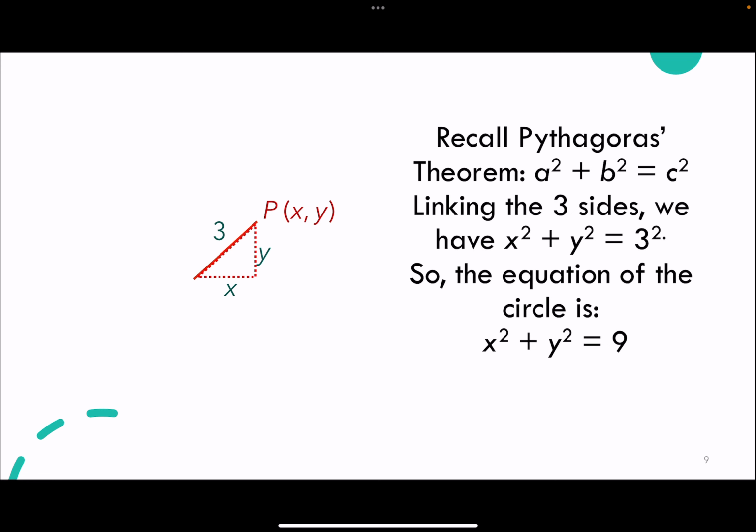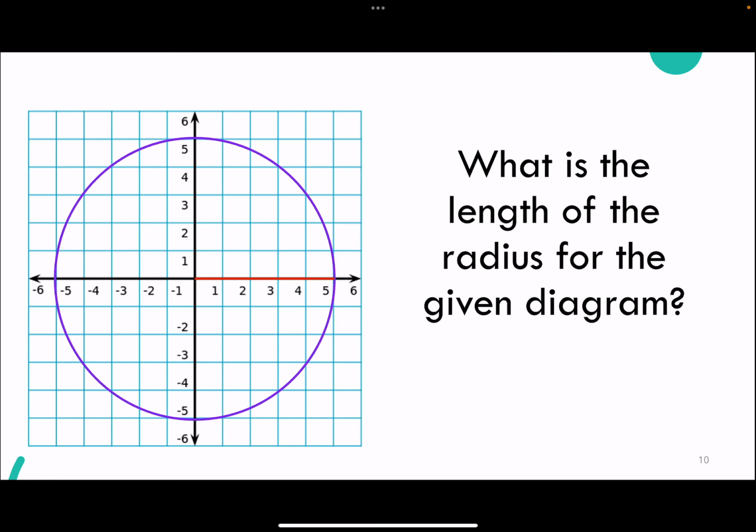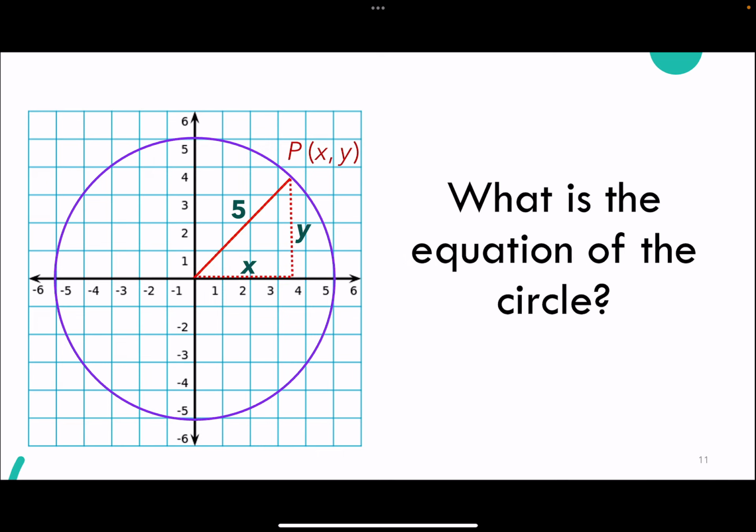Okay, now let's try a different circle. This time around, we have another circle, and this time we have 5 units. All right, so you can see that the radius is actually 5 units. I am doing something similar. I am moving the radius away onto a point P on the circle. In the same manner, I'm just going to call it xy. So by now, I guess you should be quite good at it.